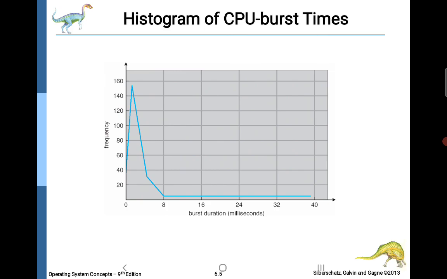A process will have a very small CPU burst first, and then it will wait for long times for input-output operation, because the CPU is the fastest part of the computer, mainly. Most input-output peripherals and the hard disk are much slower than the CPU. The response time is longer than the response time of the CPU.